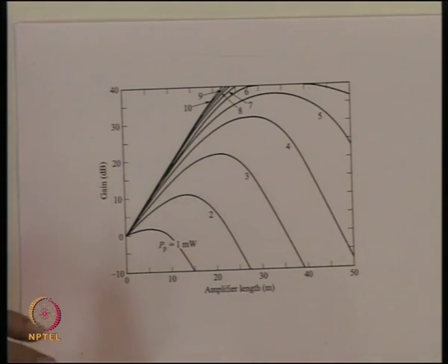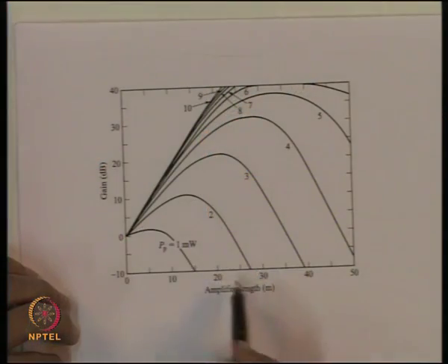So, for a given erbium concentration inside the fiber and the pump power, there is an optimum length for the amplifier. If you put the length more than that, then we will not see the gain in the amplifier, because internally the signal would have grown to a certain value, but again the gain will start dropping and we will not get any advantage.